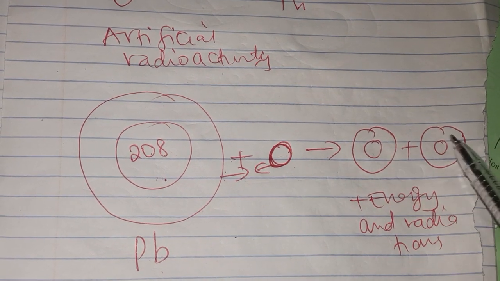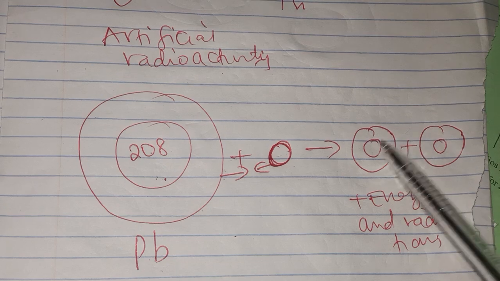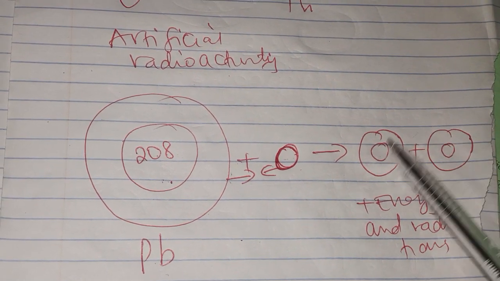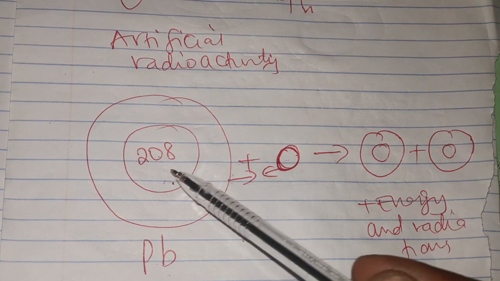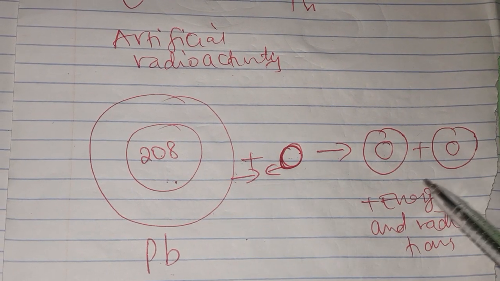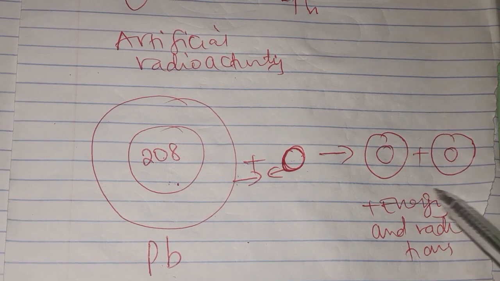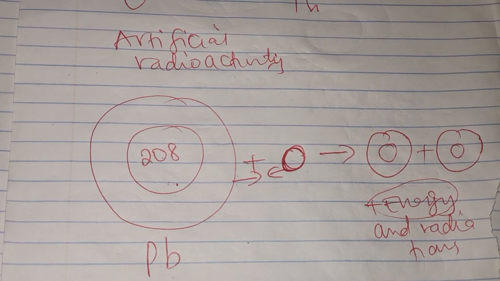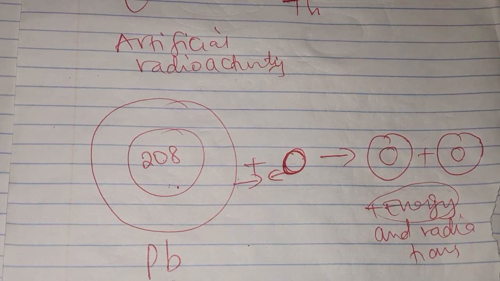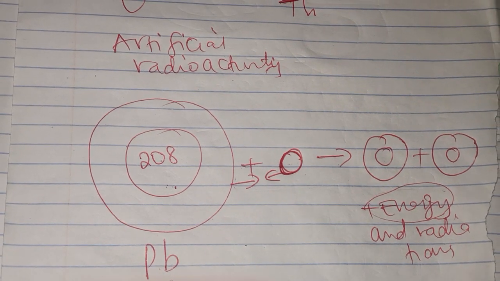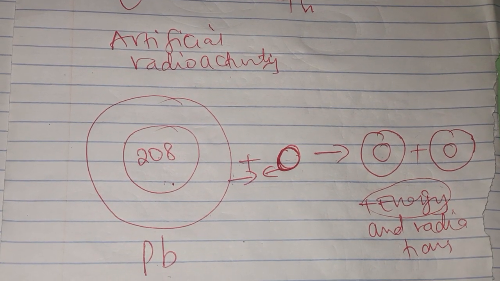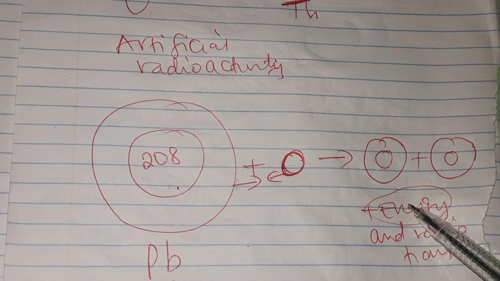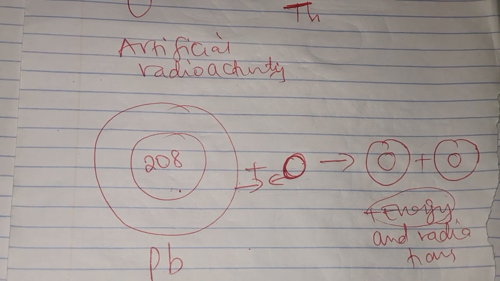Of course, they have different nuclear compositions in terms of the number of protons and the number of neutrons. To accompany these two nuclei produced from this radioactive nuclide, we also have energy and radiations. This energy can be harnessed for very purposeful applications, such as the production of electricity, where the energy heats the water.